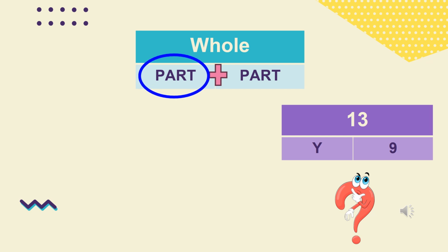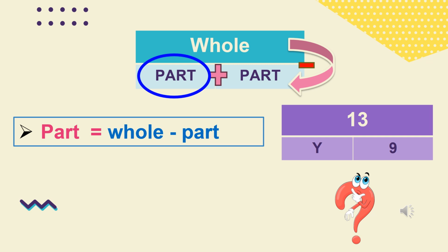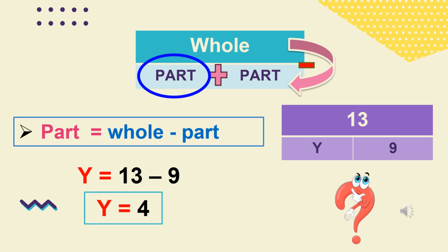To find this part, what can we do? We subtract to find this part. So part equals whole minus part. So y equals 13 minus 9. Count after 9: 10, 11, 12, 13. Stop. So y equals 4.